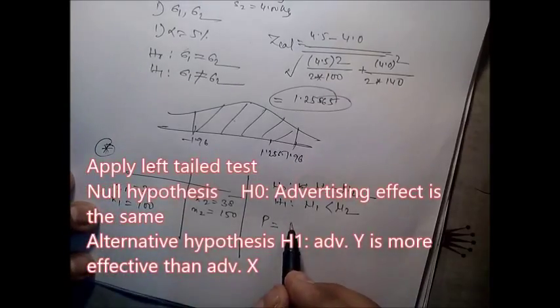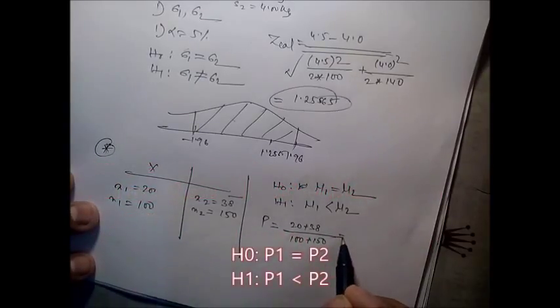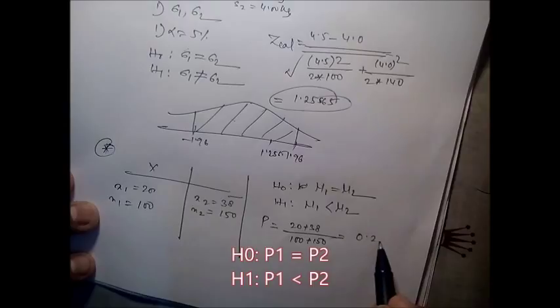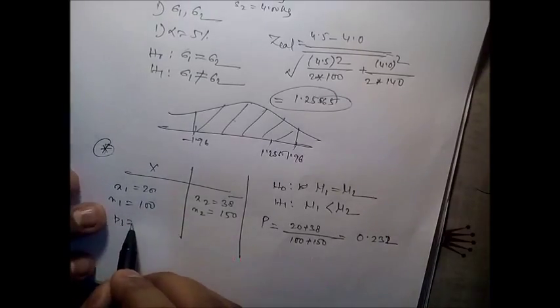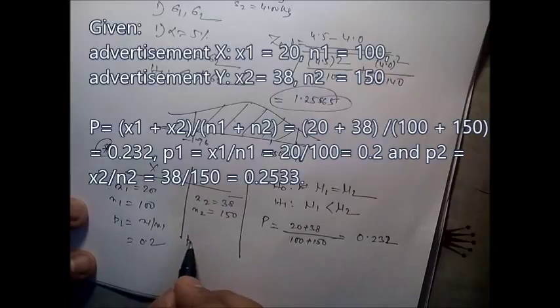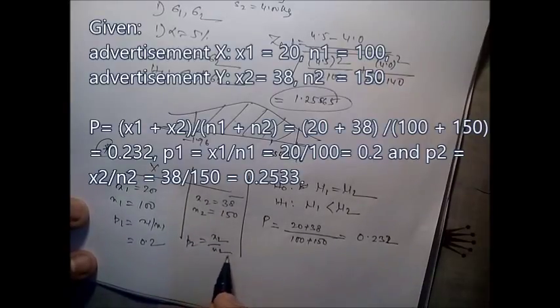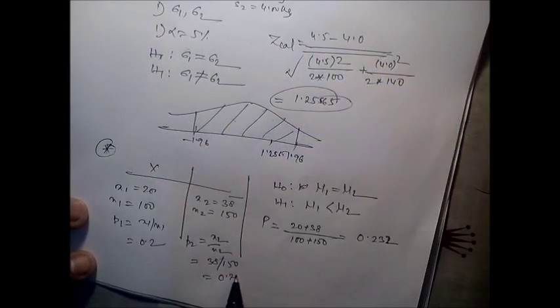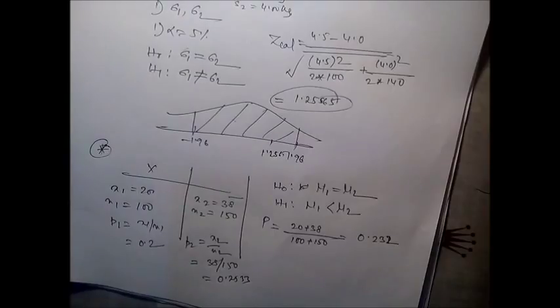Here, 20 plus 38 divided by 100 plus 150, and the value is 0.23232. P1 is x1 by n1, that is 0.2, and P2 is x2 by n2, that is 38 by 150, that is 0.2533.